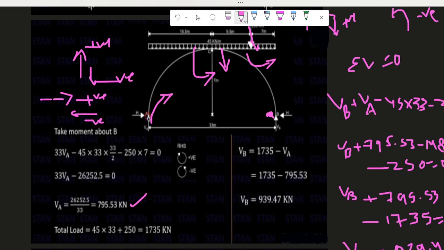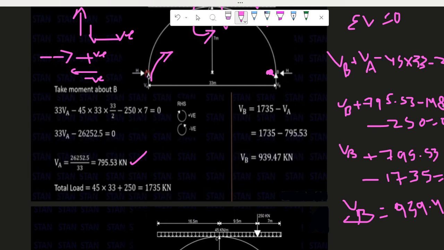Substituting VA, 795.53 minus 45 into 33, which is 1485, minus 250 equals 0.